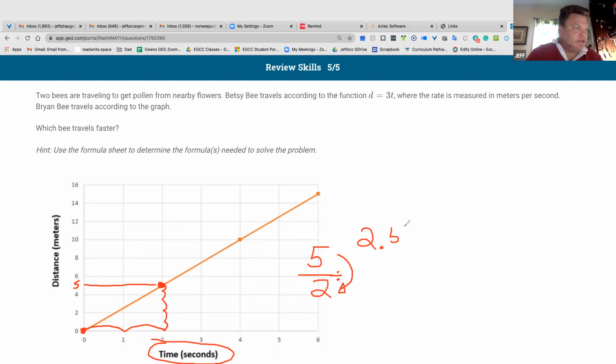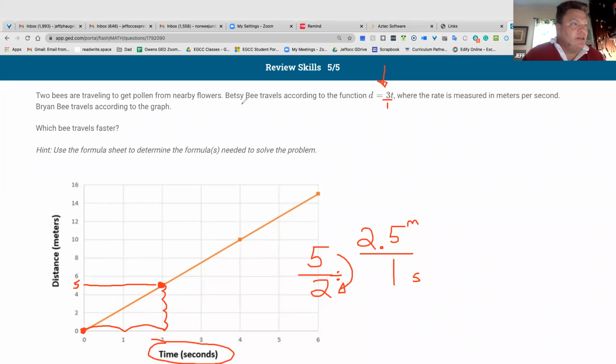And that means that Brian B, or whatever this stupid question is, for every 1 second, he goes 2.5 meters. That's his rate of flying. The question is, what do we compare to in this? We compare it to that number. No math at all. 3/1.